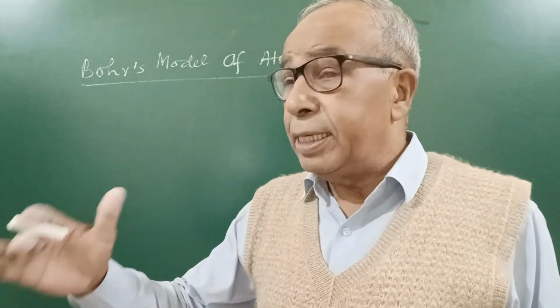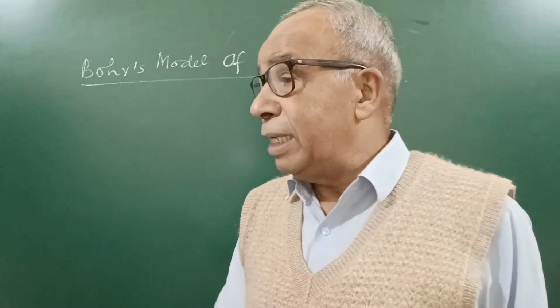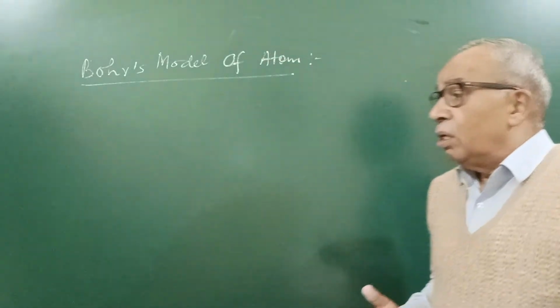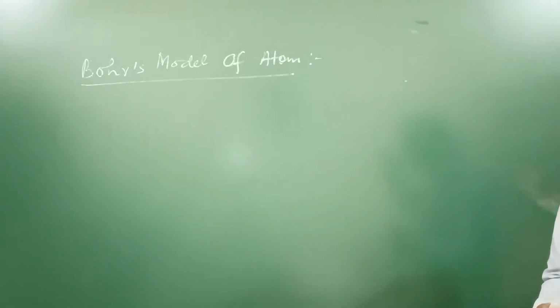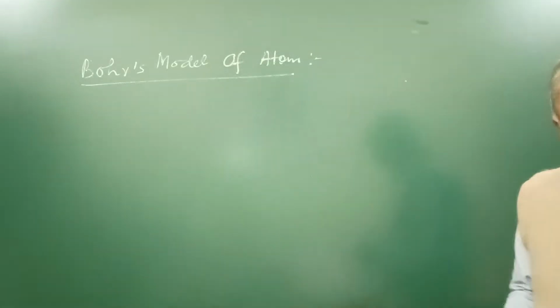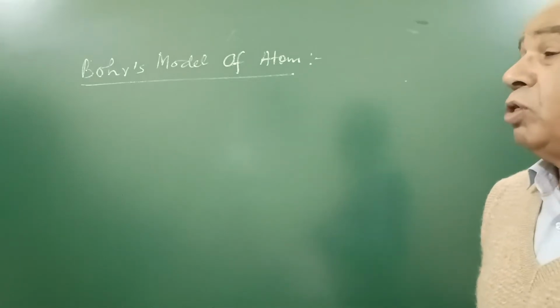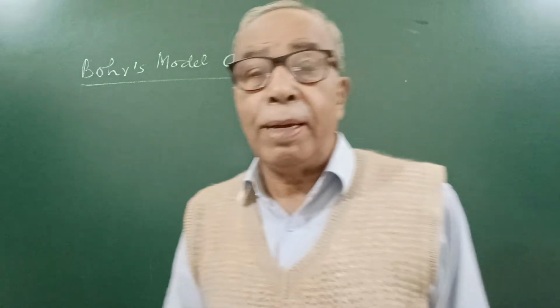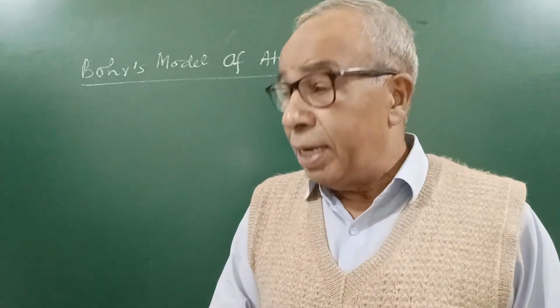He told, okay, it is correct for some region, for some place, but we cannot apply electromagnetic theory of electromagnetic waves in case of atoms. And Bohr used classical mechanics and quantum mechanics together to explain the model of atom.